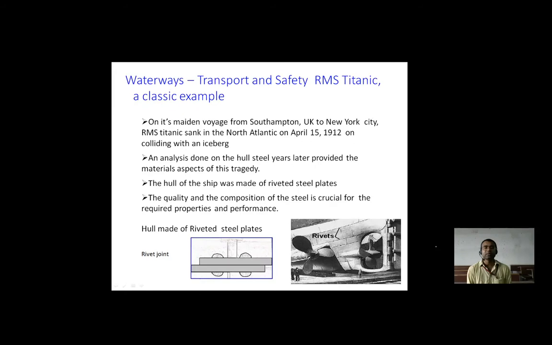And another thing is that they created a riveted joint as steel plate. That is another finding, and the story which I told you was another finding for that particular metal.